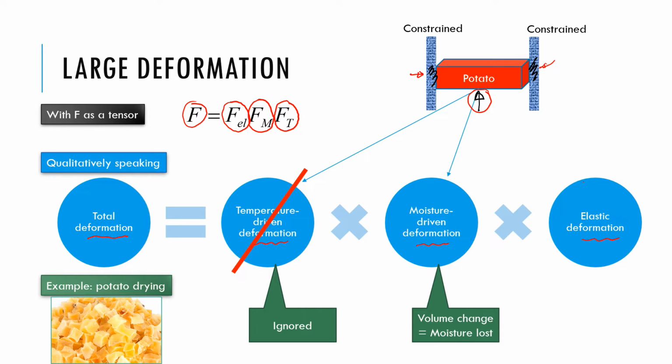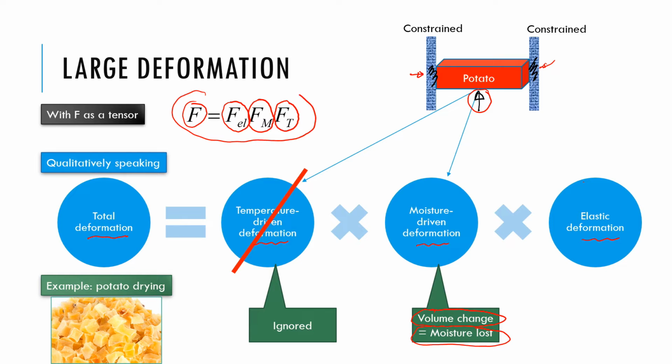We don't give it a choice. So we say volume change is equal to moisture lost. So this part of it is enforced. Elastic deformation, on the other hand, is what the final effect, the final result is going to be. So this is how we include multiple driving forces in case of large deformation.